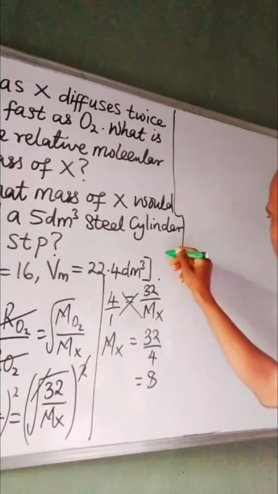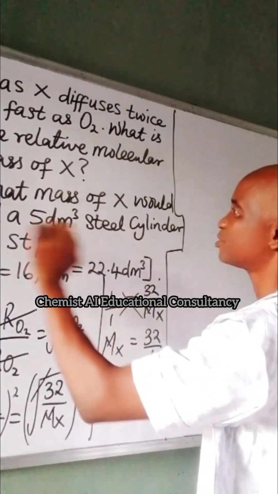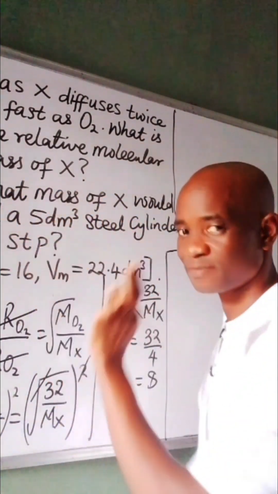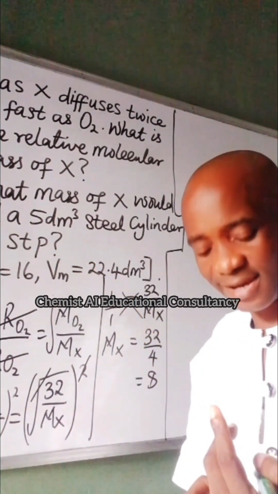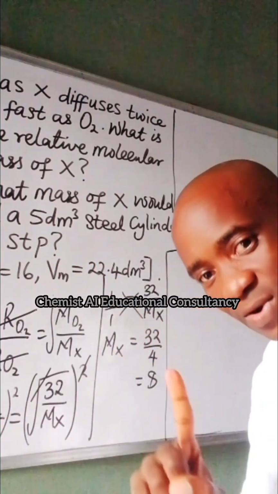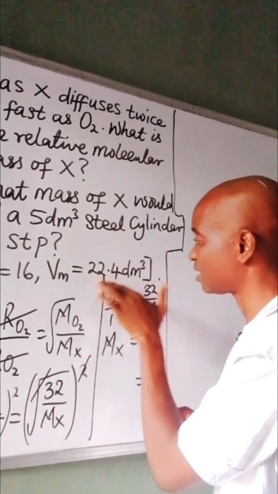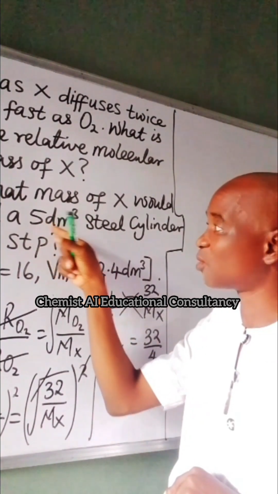We are going to move to the second question, which says what mass of X would fill a 5 dm³ steel cylinder at STP? Once you hear STP, you remember that at STP, 1 mole of every gas occupies this volume. That is even the essence of giving this at STP, right? And the particular volume was given.